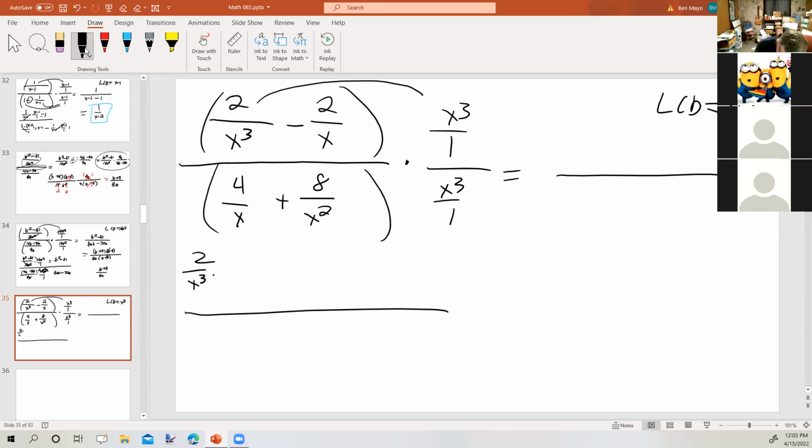Two over x cubed times x cubed over 1 is 2, because the x cubes reduce out. Minus 2 over x times x cubed over 1. X cubed over x is x squared, so we get 2x squared. So minus 2x squared.